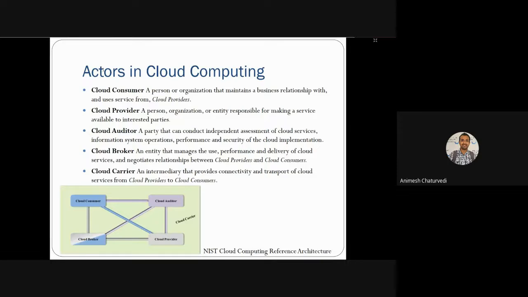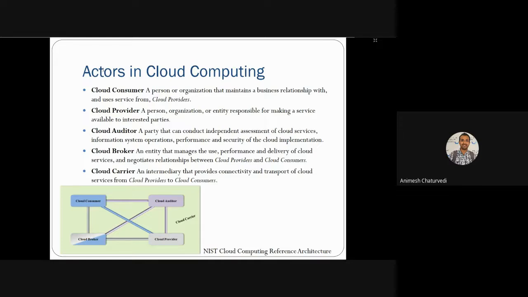As an individual we could use a Google account or Gmail, or as an organization a domain could be purchased from Google so that it could work. Then the maintenance, business, and relationship with such users could be done. So these are basically services that the cloud provider should work for; the cloud provider works for the cloud consumer.